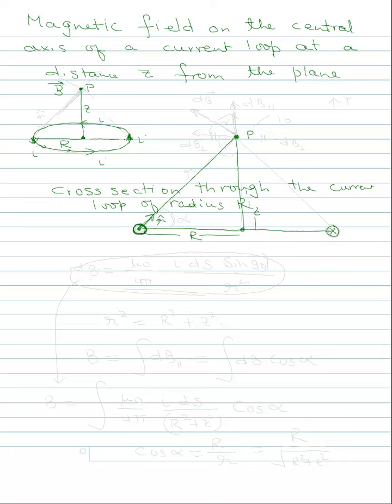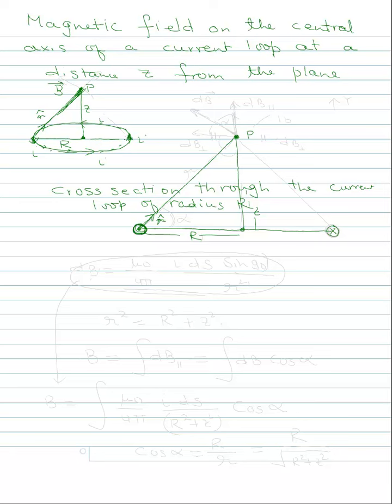Think about what would be the angle between this, the direction of r hat, and the ds, which is in the direction of current over here, or over here. You can think about both views. I hope you're convinced that the angle between r hat and ds is 90 degrees, and it's 90 degrees at all points. No matter where you consider the ds, the angle is always 90 degrees.